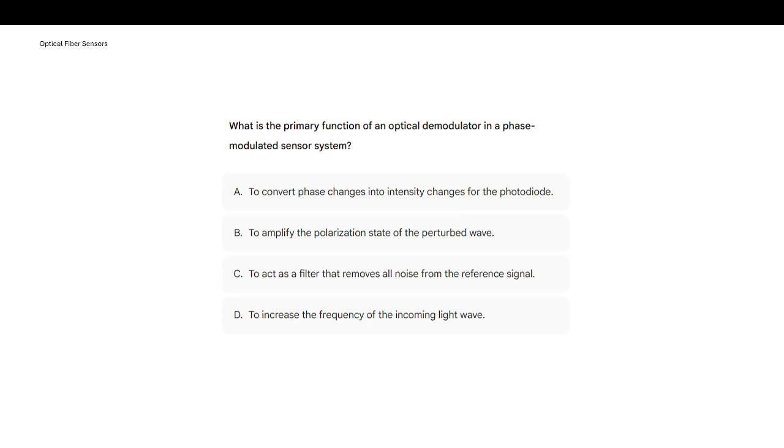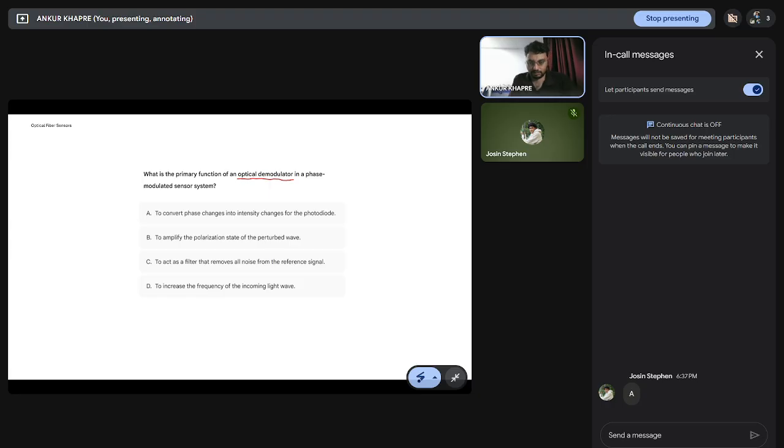So we need to talk about the optical demodulator, what it actually does. Suggest your answer. I'm waiting for that. Go through carefully and after that you suggest. Don't be in a hurry.